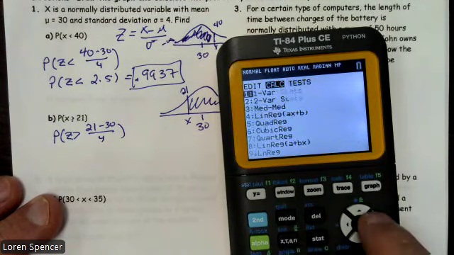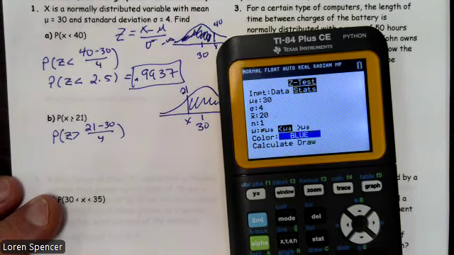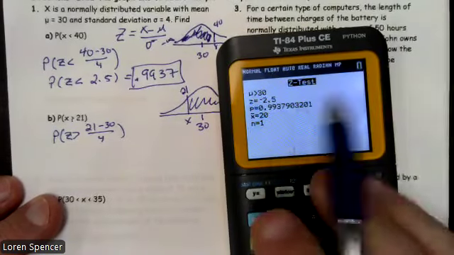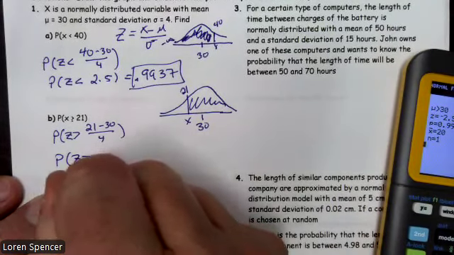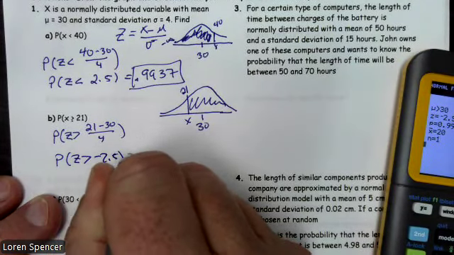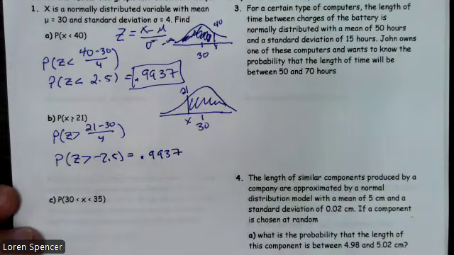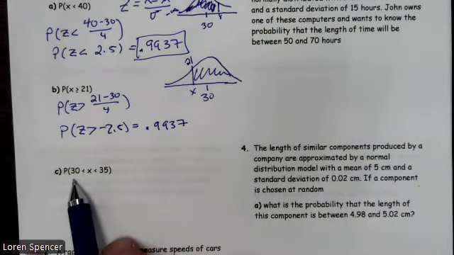So stat test, Z-test, mean of 30, standard deviation of 4, but this is a 21, and I need to change the direction of my inequality to a greater than. And I get a z-score of negative 2.5. So the probability that z is greater than negative 2.5 equals 0.9937.